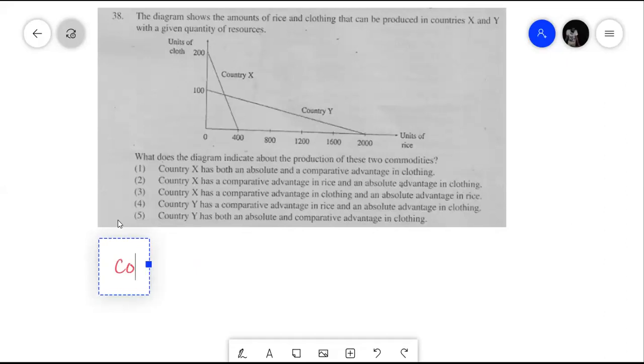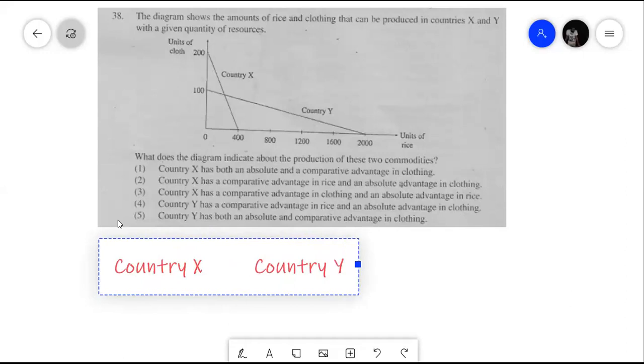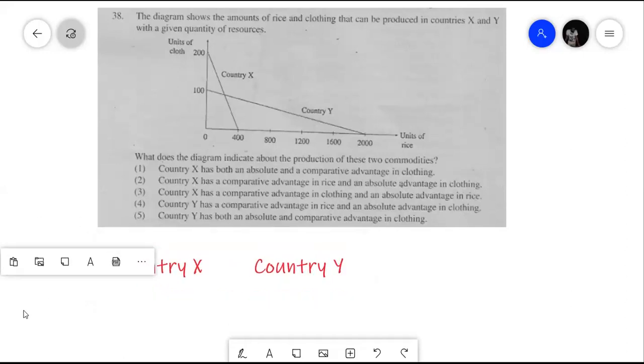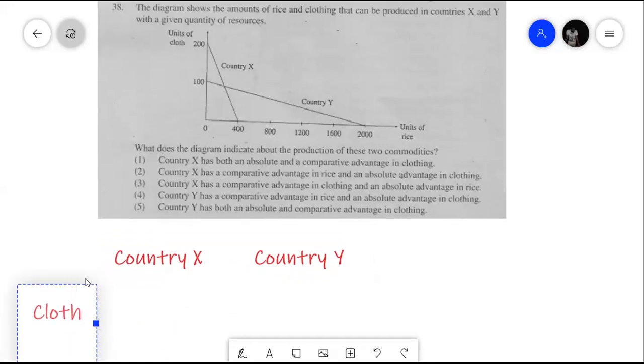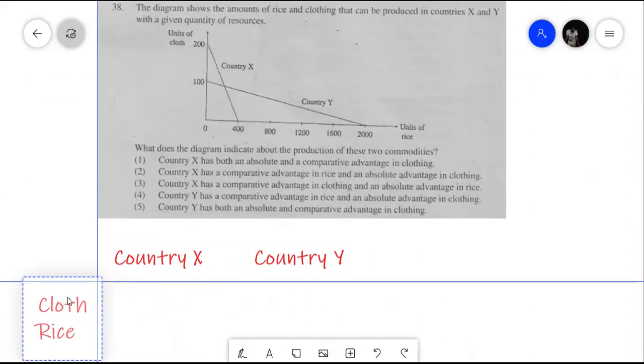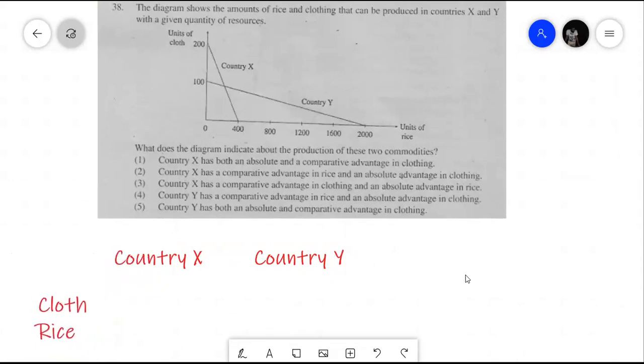So I can say country X and country Y, and you have two goods, that is cloth and rice. Those are the two goods that these countries have. Let's convert the graph into a table first, in case you can't really read these graphs.